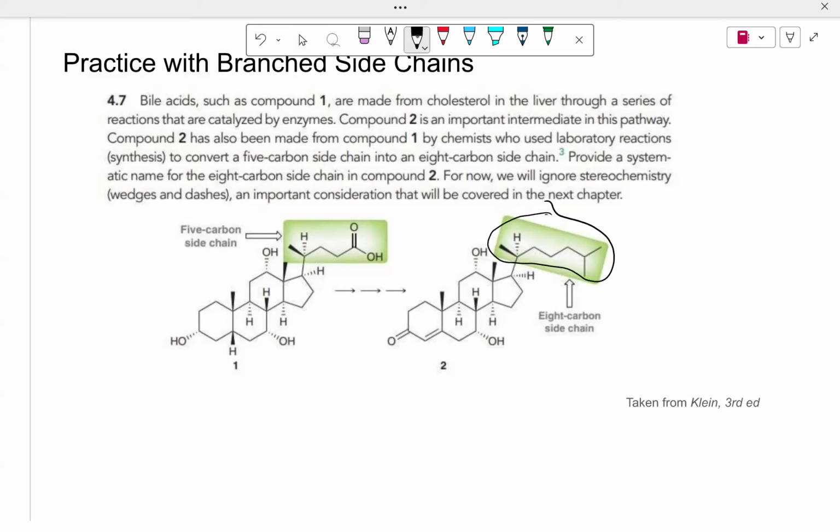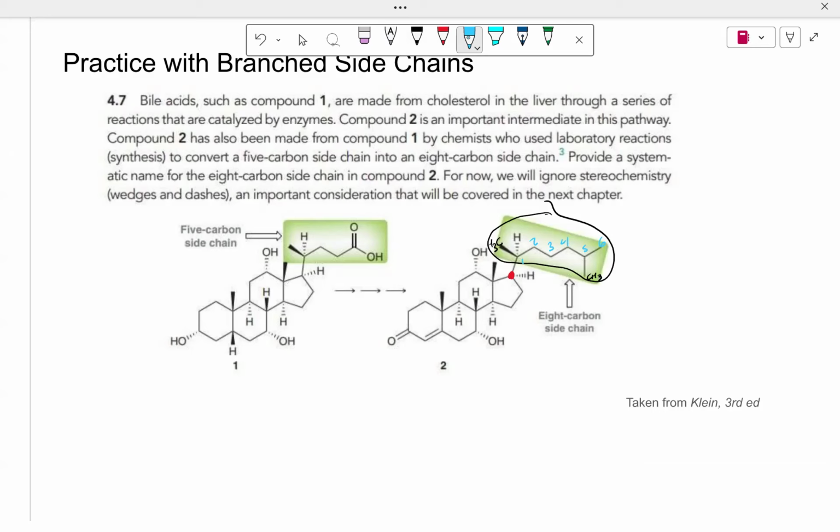But right now we'll just count these here. I'm just going to write these in as methyl groups. And we're just going to name that side chain. So it's connected to this carbon. And so that means I'm going to start by numbering here. 1, 2, 3, 4, 5, 6, just like if I were making a parent chain. So I go to the longest continuous chain of carbons.